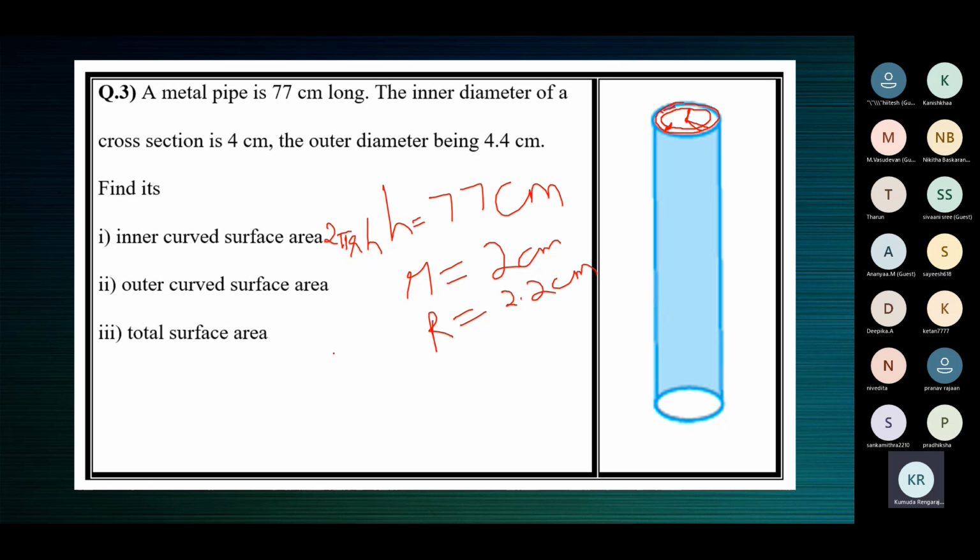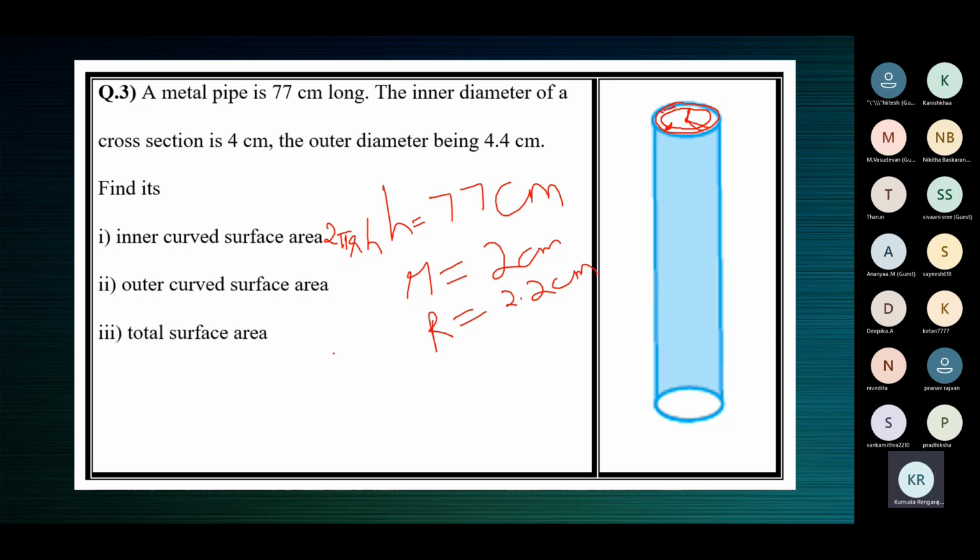Next class you should be in tune with the class. Yes, ma'am, I will be prepared. Go through volumes and surface areas because we will be doing that in the next class too. Okay, ma'am. Thank you, Kanishka.